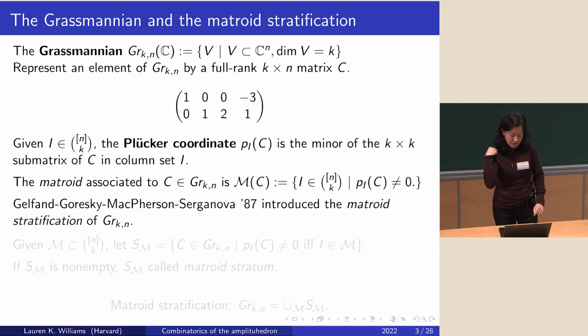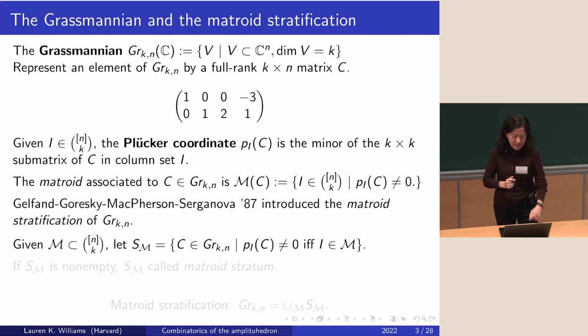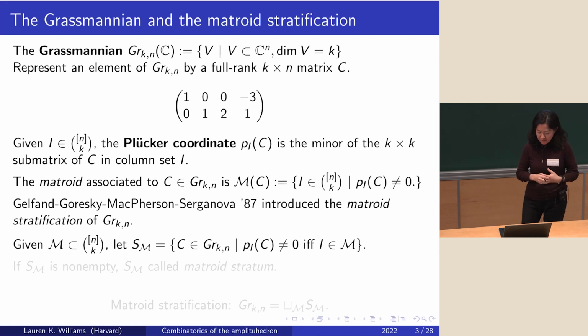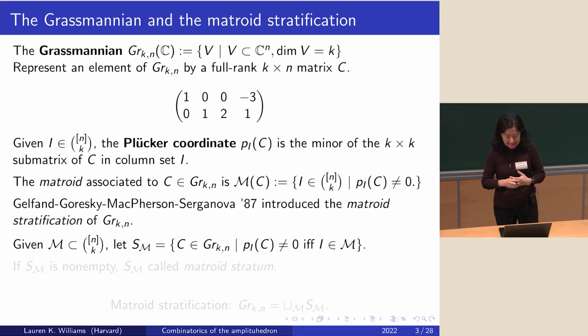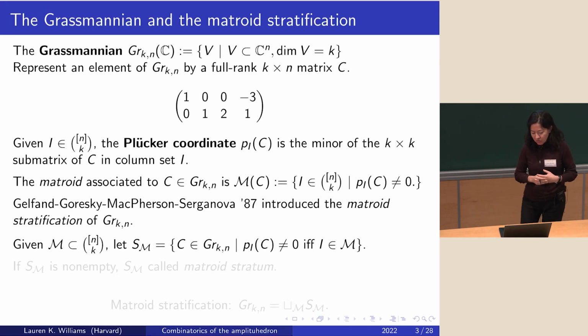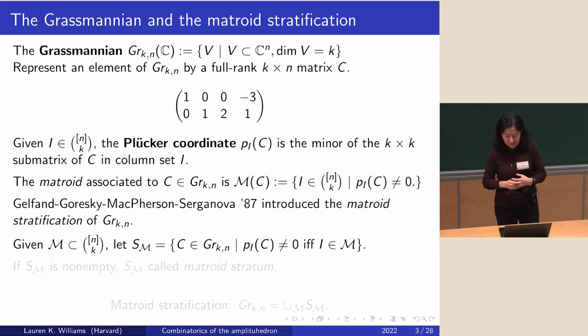Okay, so work of Gelfand, Goresky, MacPherson, and Serganova introduced the matroid stratification of the Grassmannian. And so it's a way of partitioning the Grassmannian into pieces. So if script M is a collection of k-element subsets of 1 through n, then we let S_M be the subset of the Grassmannian where your Plücker coordinate p sub I is non-zero if and only if I belongs to that collection.